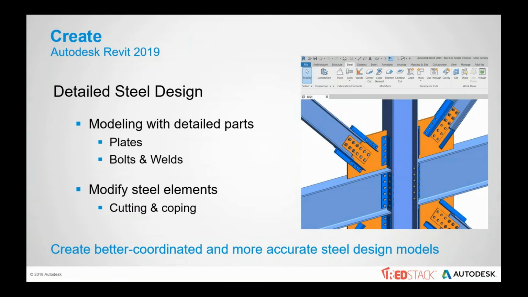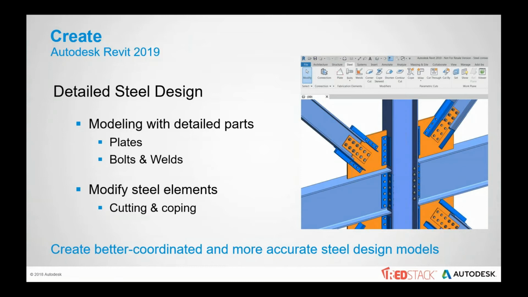The next one is steel design. You can use the new edit tools to more easily modify structural framing and column elements and apply custom parametric cuts to better accommodate the geometry of elements at a connection.